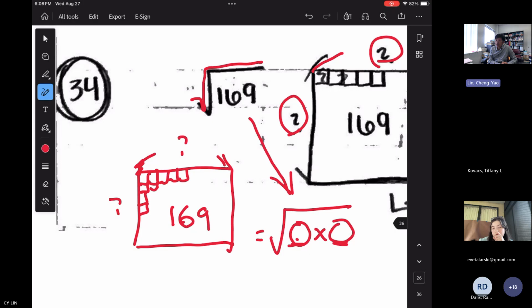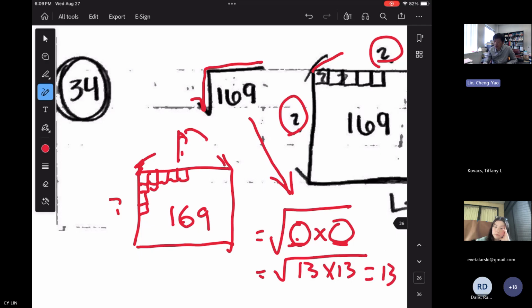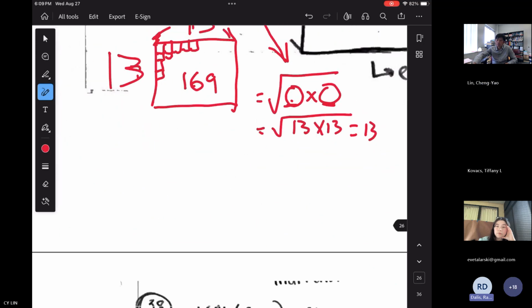Therefore we find 13. So the square root is 13, and the length of this side is 13. Does that make sense to you for the meaning of square root? Yes.